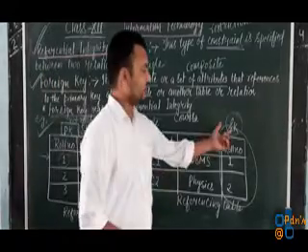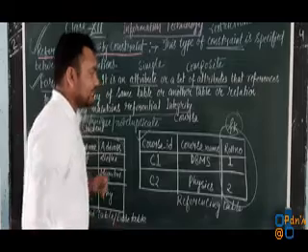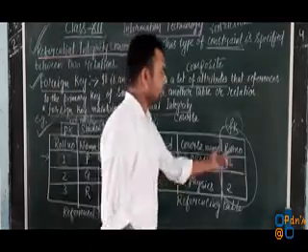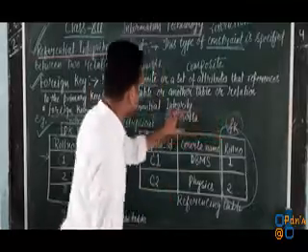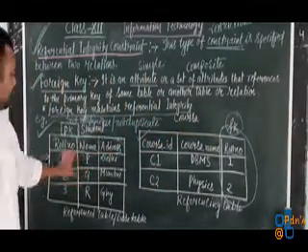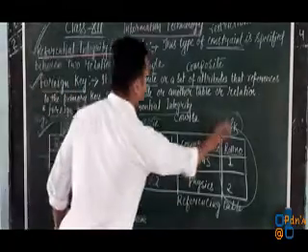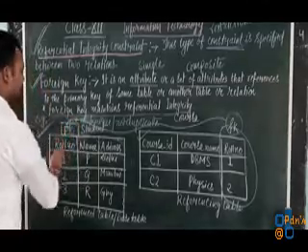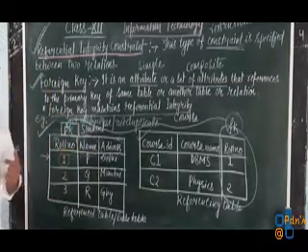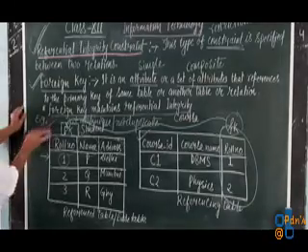That means it will take reference, or establish a connection, with the student table by means of the roll number attribute of the student relation. So it will reference the primary key of the student relation.